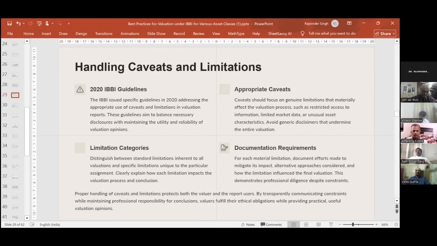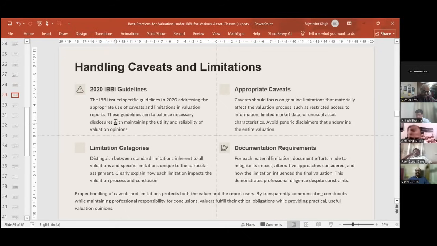So IBBI has given detailed information about caveats, limitations and disclosures, which you may mention in your valuation report. So how you can handle these caveats and limitations? So now we will discuss that thing. First thing is, in 2020, IBBI has given certain regulations for caveats, limitations and disclosures.